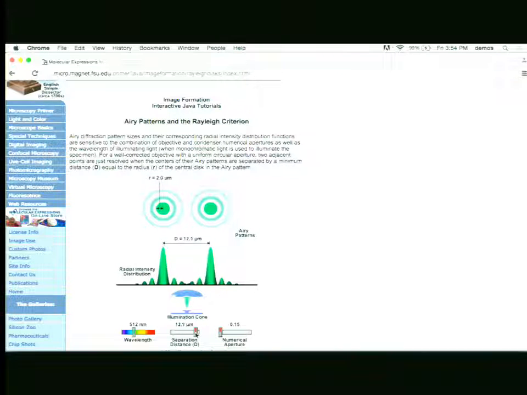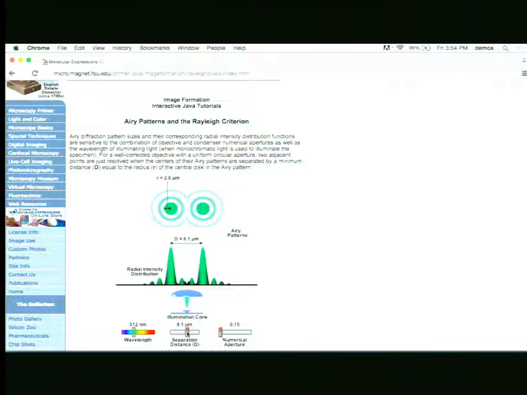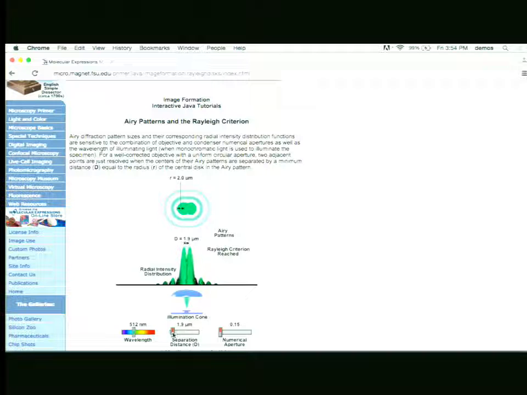If I bring them close together, the criterion is that when the peak of this is in the minimum of this, then we would say that the two are one big blob. So I'm trying to bring the peak of this, it's more or less right. See, it's pretty hard to tell that there are two blobs there.